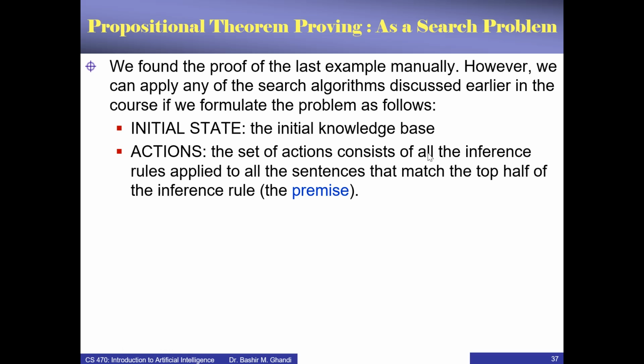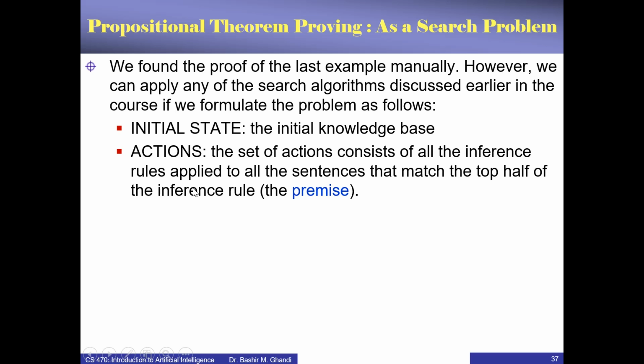Actions. What are going to be the actions? The set of actions are simply going to be the rules that we can apply. The set of actions consists of all the inference rules applied to all sentences that match the top half of the inference rule.